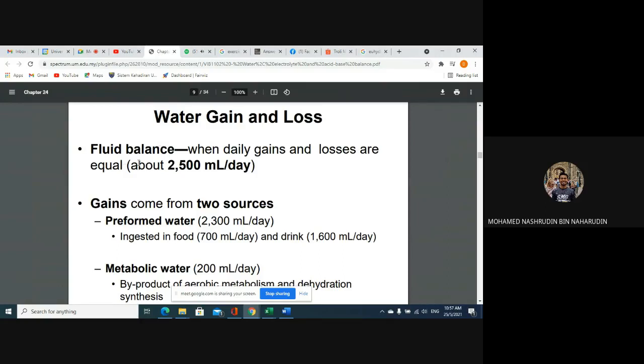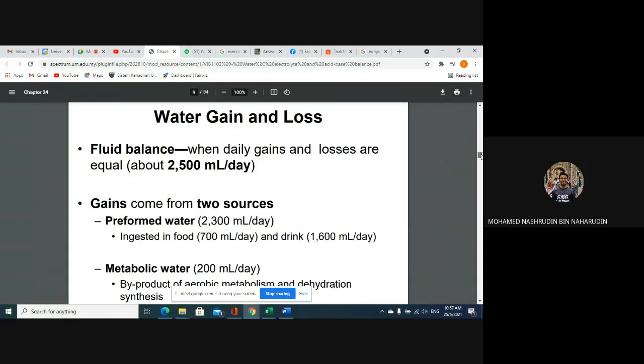Okay, fluid balance. When daily gains and losses are equal, we have discussed this. So about 2,500 milliliters per day of water is consumed and also excreted from your body. The gain comes from two sources. One is preformed water, which is from ingested food and drink.